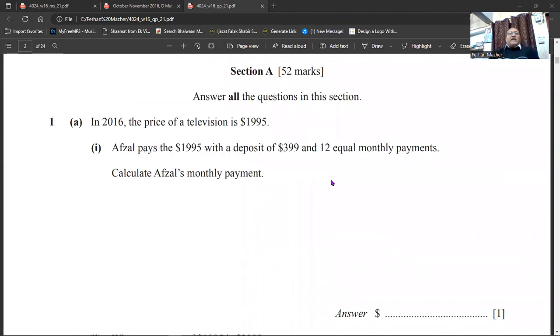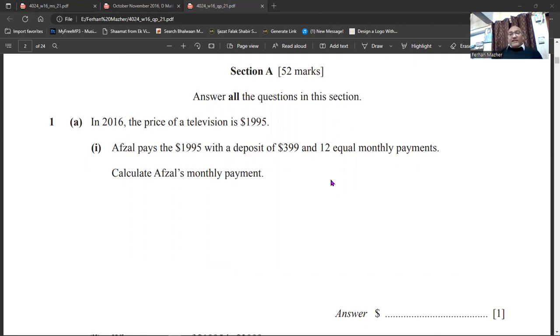Question number 1, A part. In 2016, the price of a television is $1,995. Afzal pays the $1,995 with a deposit of $399 and 12 equal monthly payments. Calculate Afzal's monthly payments.